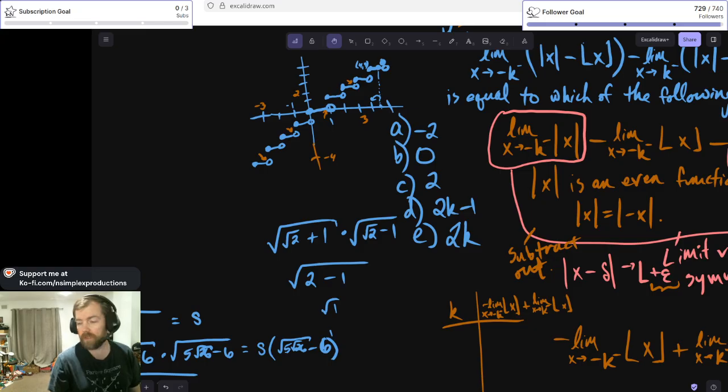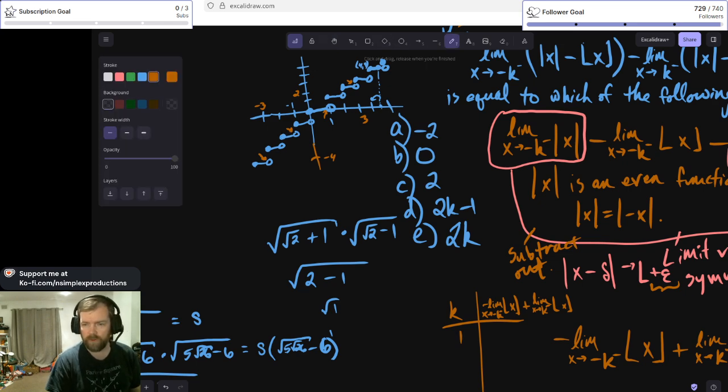So in the case of 1, we got a 0 plus a -2, which becomes the opposite sign, so it becomes positive. So that's going to be 2 plus 0. So at 1, we got 2. It looks like it's going to be 2k.